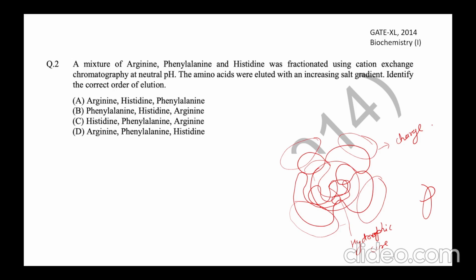So based on the hydrophobic core, their charge, their size or surface area, and their affinity towards certain chemicals or beads, we have several methods to purify our protein of interest. Suppose I want to purify the protein based on its size or surface area, I will opt for gel filtration chromatography.